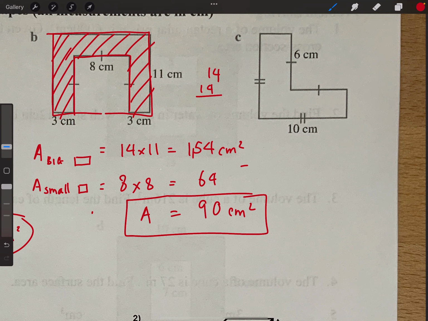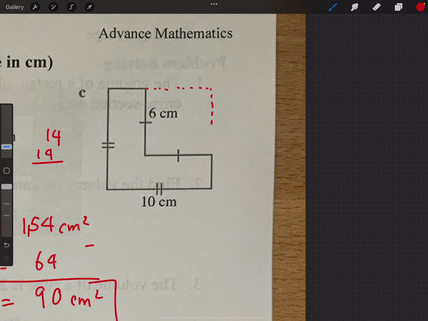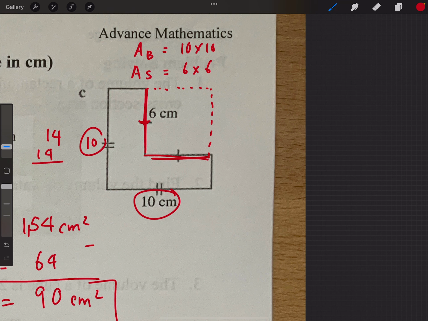Alright, next one. Again, I can do the takeaway method. Okay, so this is 10, that's 10. So the area of the big piece is going to be 10 times 10. Area of the small piece will be 6 times 6. You can tell that's 6. And this must also be 6 because they both have a dash.